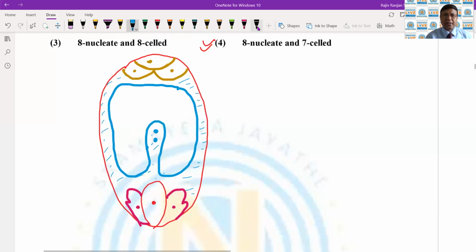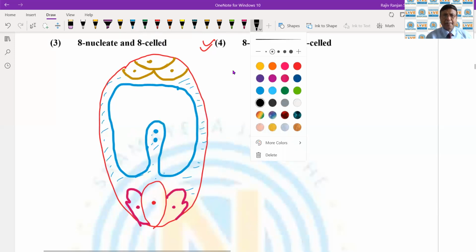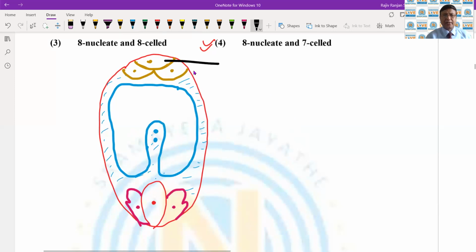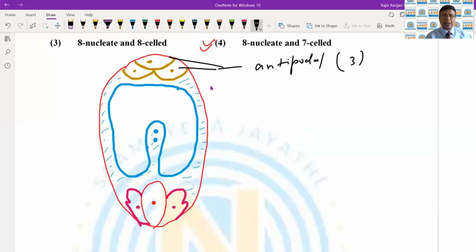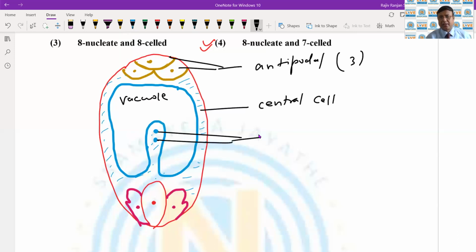These are antipodals, which are three. There's a central cell, which has a large vacuole. These are the two polar nuclei of the central cell.